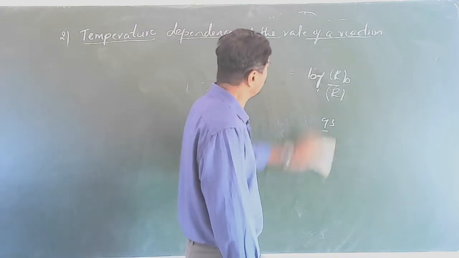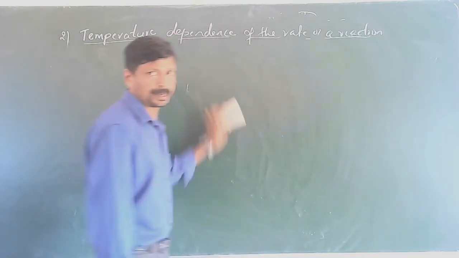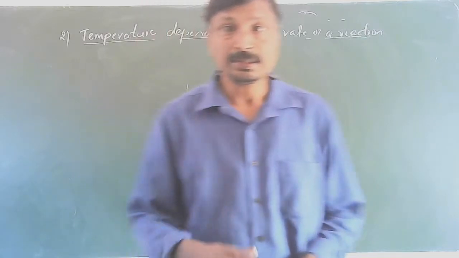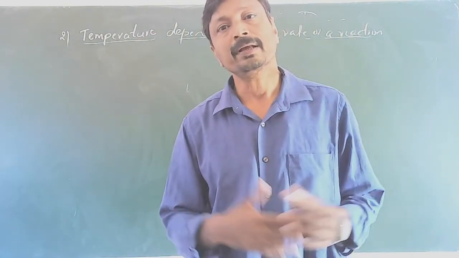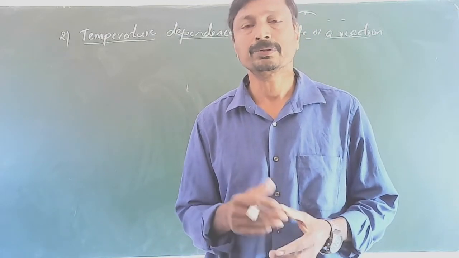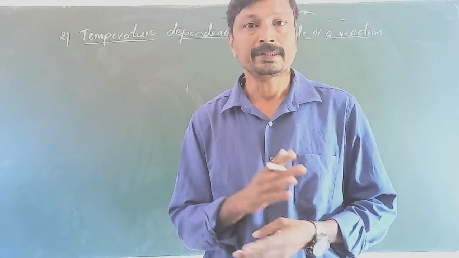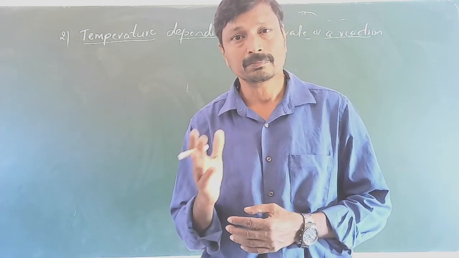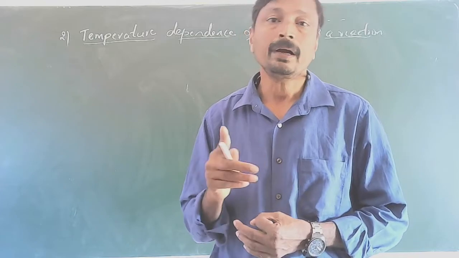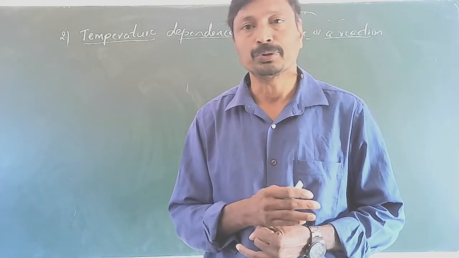I discussed one more thing, the pseudo first order reaction. What is pseudo first order reaction? By changing the experimental condition, you can alter the order of reaction. I discussed two examples: acid hydrolysis of ethyl acetate and inversion of cane sugar.